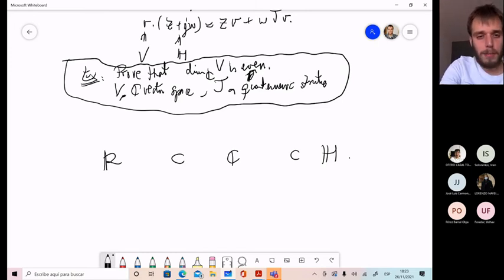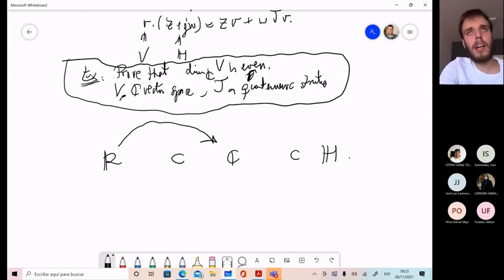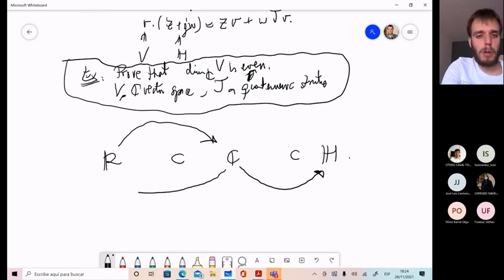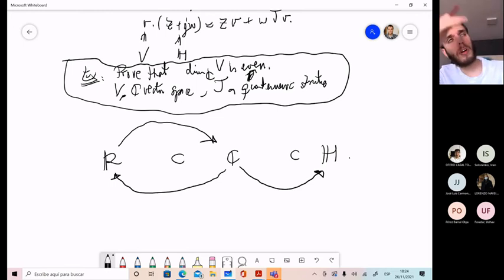What we have done is that if we started from a real vector space, we have complexified to get a complex vector space. And if we started from a complex vector space, we can also put a quaternionic structure on it to define a quaternionic vector space. And also, if we started from a complex vector space, we could get a real vector space by forgetting the complex multiplication.